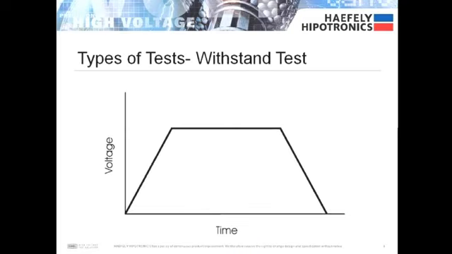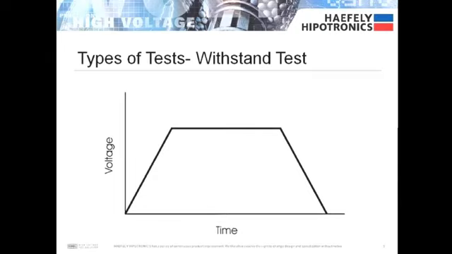So to briefly go over the types of tests that we deal with and what our controllers and our units have to do: the first one is a withstand test, which is basically where you raise the voltage to a certain level, then you hold that voltage for a dwell period or dwell time, depending on the test object or the standard that you're following.